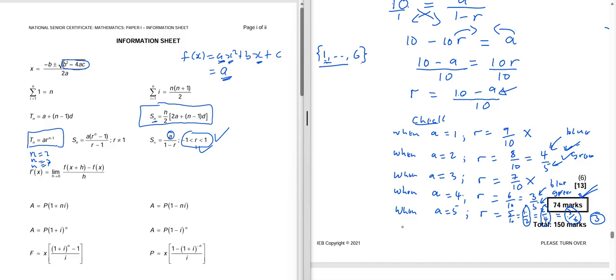Now finally, when A is equal to 6, R is equal to 10 minus 6, which is 4 over 10. 4 over 10 can be reduced to 2 over what? 2 over 5. And if you had tried the technique of multiplying by 2 over 2, you end up with 4 over 10, which will be outside the range.